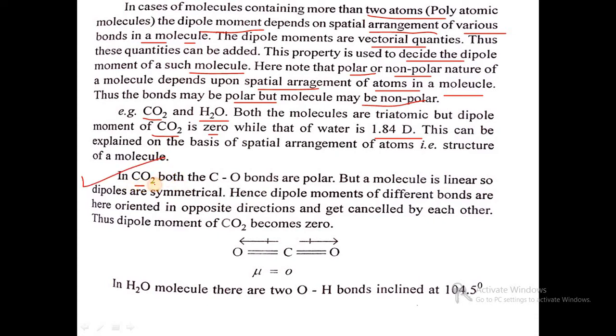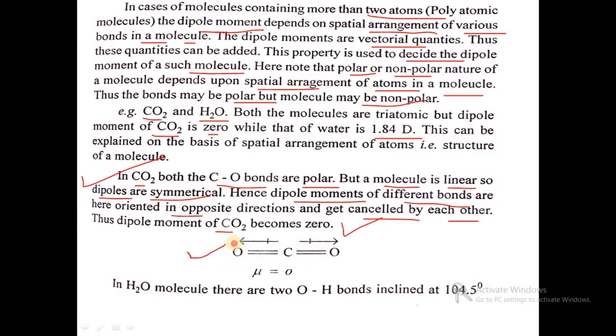In case of carbon dioxide, both C=O bonds are polar, but the molecule is linear in geometry, so dipoles are symmetrical. Hence dipole moments of different bonds are oriented in opposite directions and get cancelled by each other. The dipole moment of CO2 becomes 0.